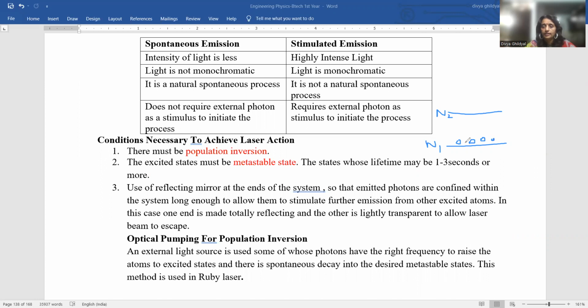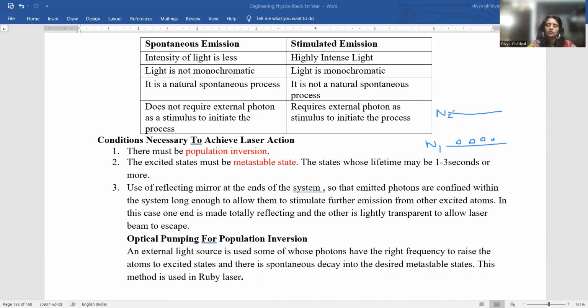This is a spontaneous or natural process. Now we have to reverse this ratio. We have to make N2 greater than N1, which will be achieved with the help of pumping in the physics lab. This process is known as population inversion.